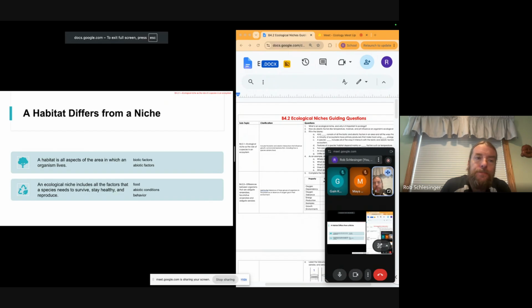And so the biggest confusion I see with this idea of niches is kids have a tendency to get it confused with habitats. Maybe an analogy that we can use is that our classroom, the Bell Lab, is a habitat, right? However, in that habitat, humans can definitely fulfill different roles.